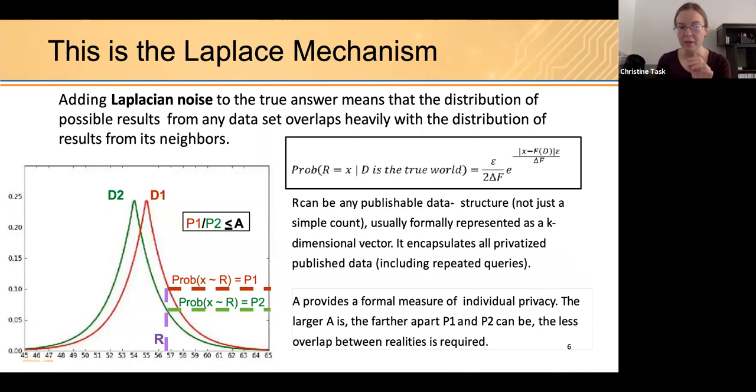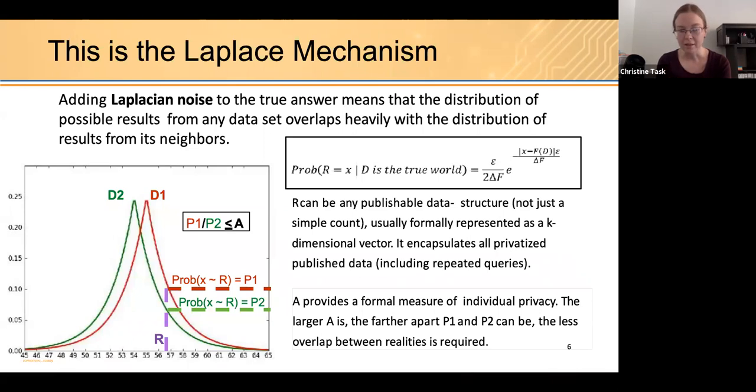The differential privacy guarantee says that whatever process you are using to generate the data needs to be a randomized process. And so data set 1 doesn't have a single output. It has a probability distribution of possible outputs. Data set 2 has a probability distribution of possible outputs.